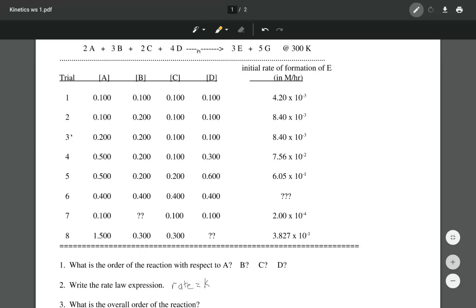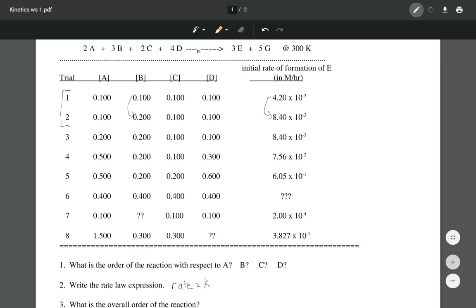So the first thing to do is we need to find trials where one thing changes and everything else stays the same. So for instance, between trials 1 and 2, B doubles while everything else stays the same, and the rate also doubles.